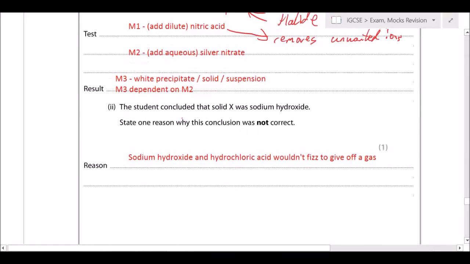And then finally, state one reason why this conclusion was not correct. She concluded that it was sodium hydroxide. Sodium hydroxide as a solid is in fact white, a white crystal, or whitish. Anyway, sodium hydroxide and hydrochloric acid wouldn't fizz to give off a gas, so that's the reason why it's not correct.